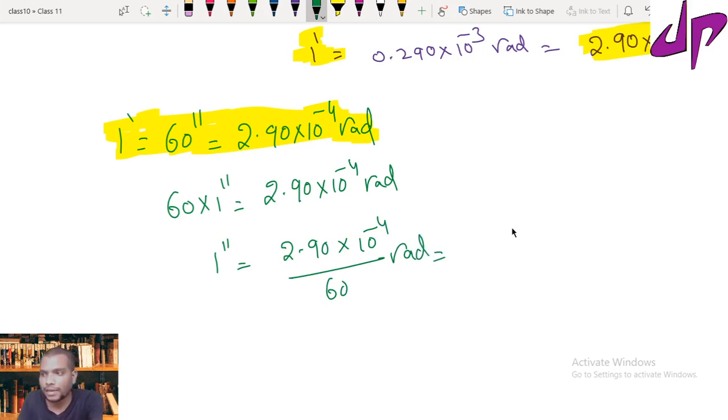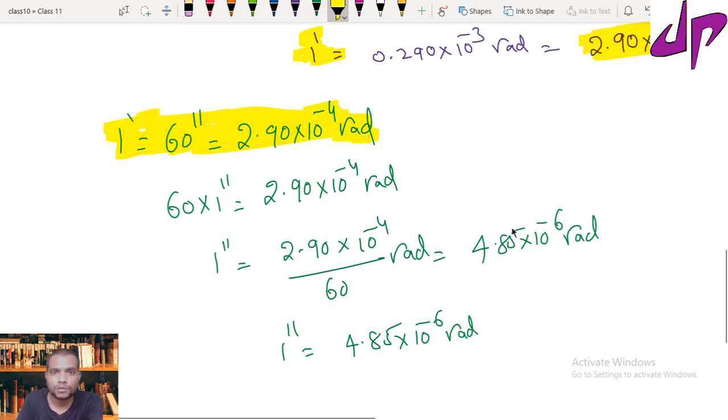If you do that calculation, we end up with 4.85 times 10 power minus 6 radians. So therefore 1 second equal to 4.85 times 10 power minus 6 radians. So this is the 1 second value in terms of radians.